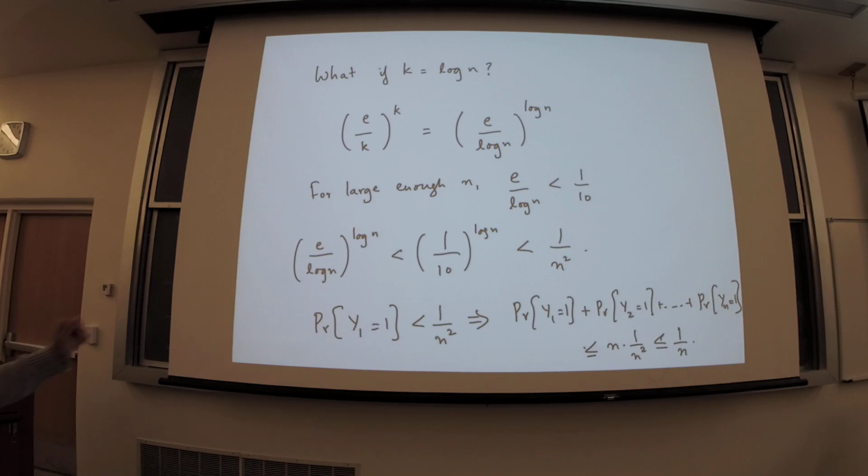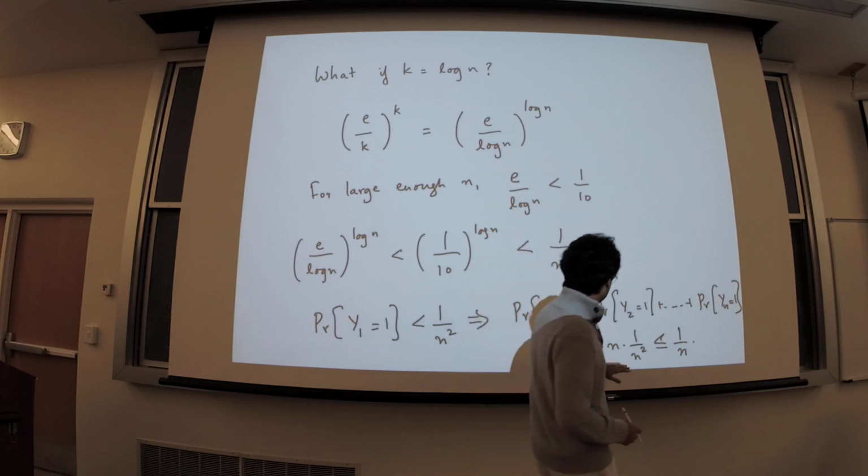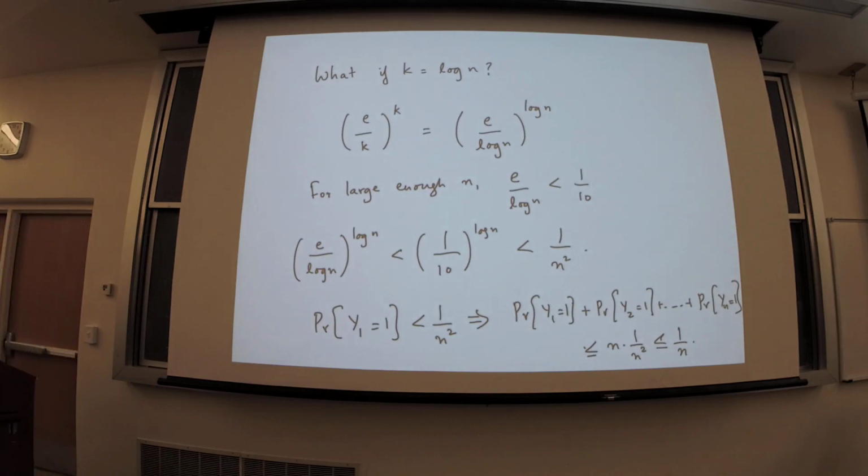That's the reason I wanted to get a power of n here, 1 divided by a power of n, so that this n cancels. So that's why I did all this manipulation.